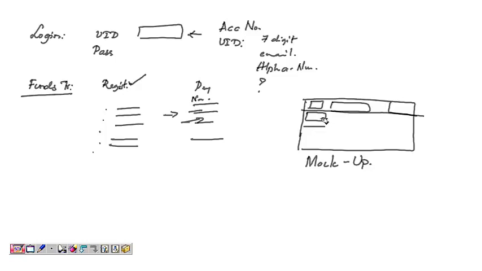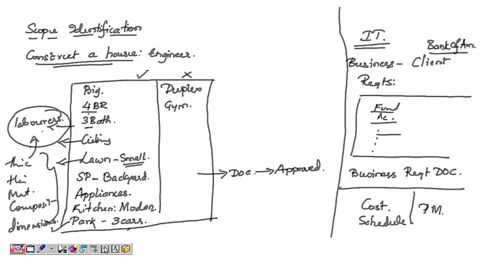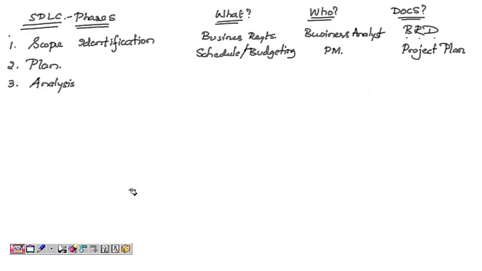If this button is clicked, should we open a new window? Should we open a new tab here? Okay, what to be done? Or should we open a pop-up? What should exactly be done? So all this kind of diagrammatic information plus the specification has to be shared with our developer so that he is able to develop the software.